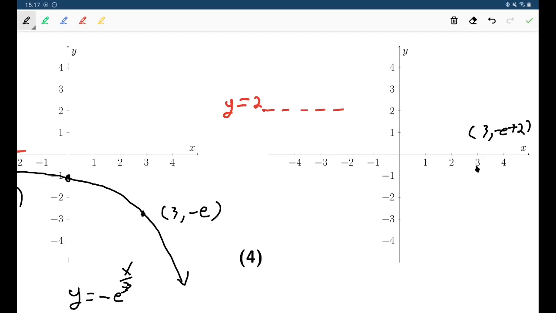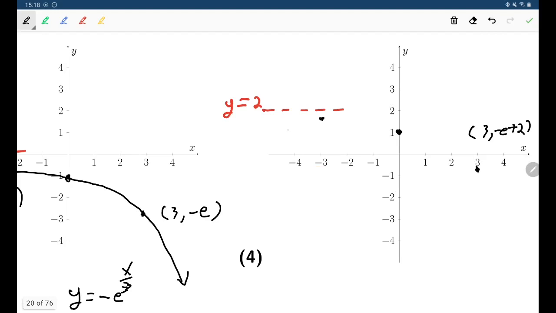The next point that we had, 0, negative 1, adding 2 to the y coordinate brings us to 0, 1. So that point doesn't need to be labeled. Good. And we had the other point, which was negative 3 comma 1 over e, and we're moving that upwards by 2 points. So that means that it'll be somewhere between 1 and 2. That'll be where our final point is.